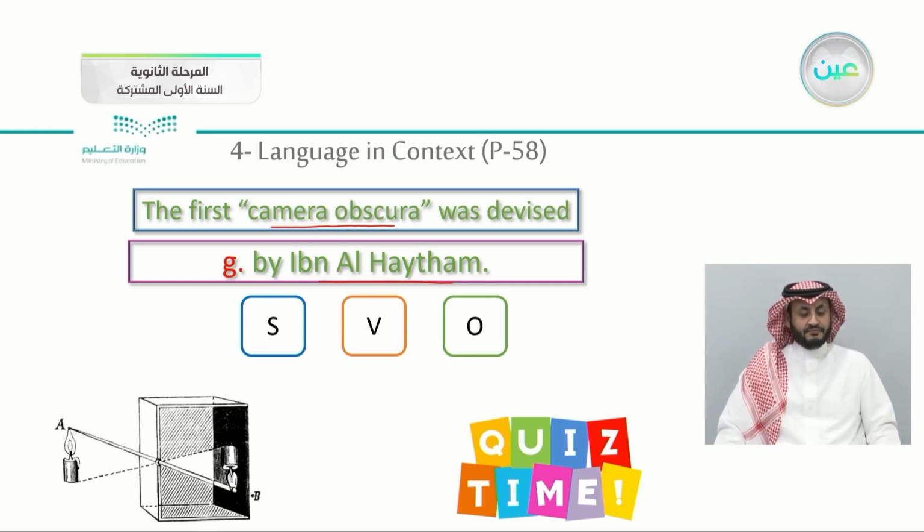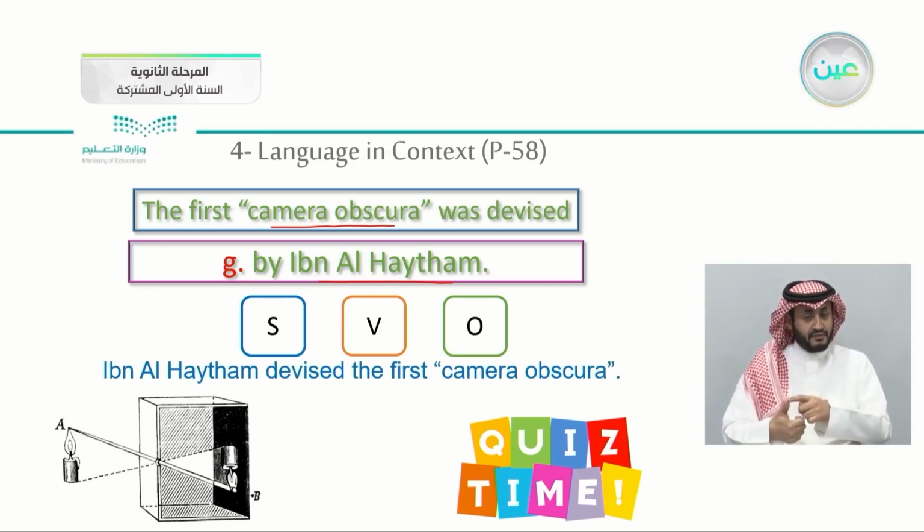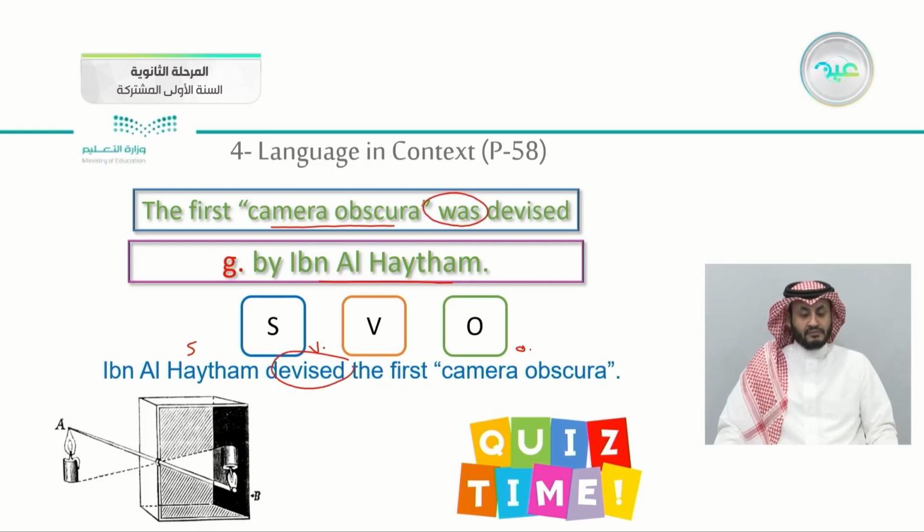Let's put it in the correct order, subject, verb, and object. Ibn al-Haytham devised the first camera obscura. He's the subject. He did the action, which is devised, and camera obscura is the object. And notice, devised, that's why we have "was", past and past.